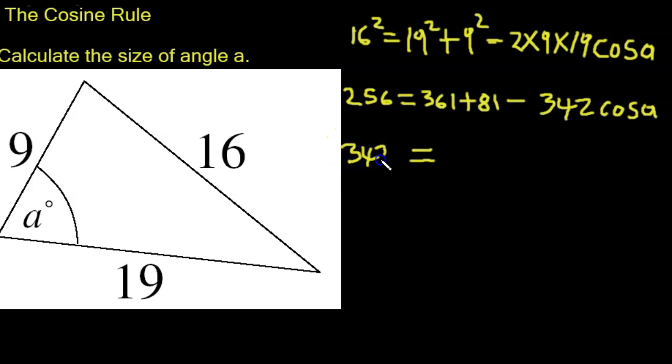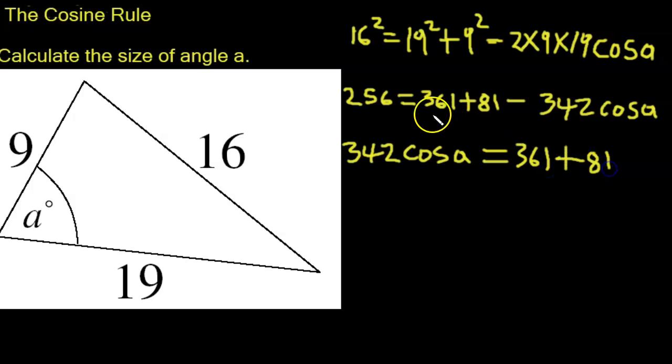Bring it over, it's now positive 342 cosine. And then here we have 361, remain positive, positive 81, and we group this 256 over here now, the rest of the constants.